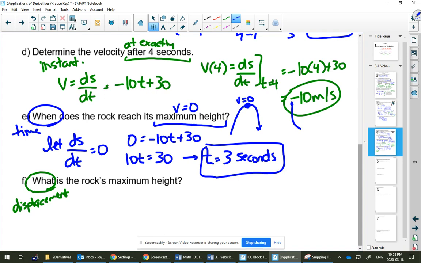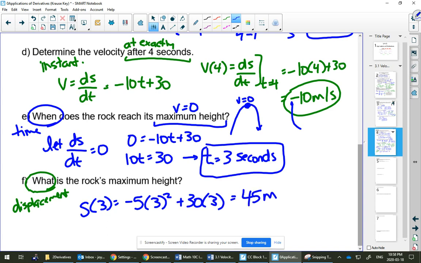We know the maximum height happens at time equals 3 seconds. The displacement would be s of 3 equals -5 times 3 squared plus 30 times 3. Notice we're using the position formula this time because we're being asked for position, not velocity.